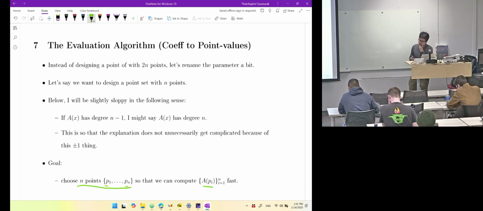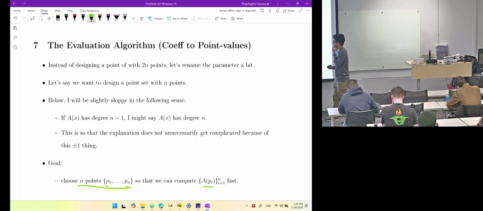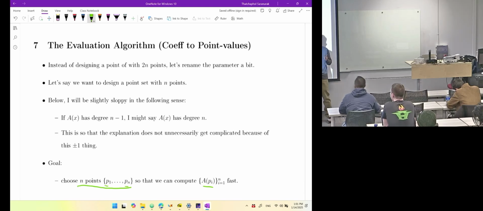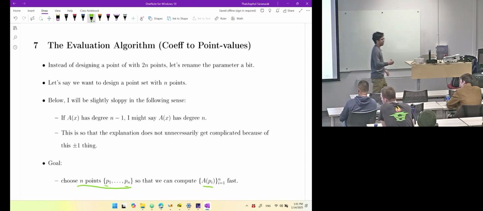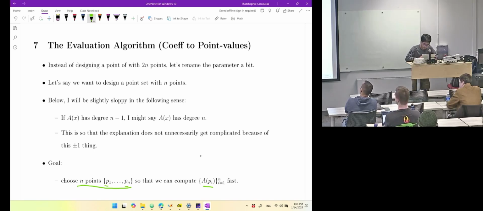By the way, just a quick question. Suppose that I have just one point and one polynomial. How fast can you evaluate it? How many operations? Order of n. It's not hard to see.